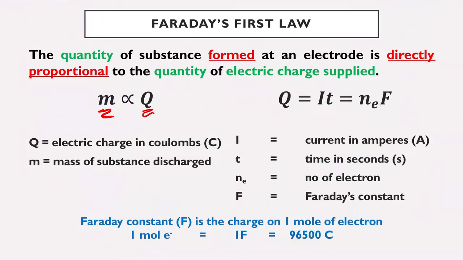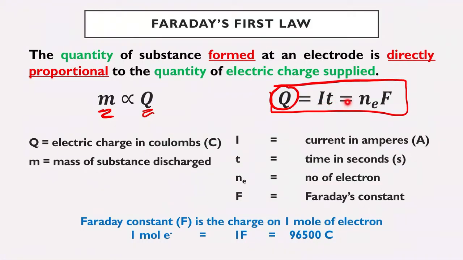This is the key to doing calculations to know how much product is formed. We are going to relate Q, your electric charge. Q is equal to I times T, where I is current in ampere and T is time: how much current is passed through and for how long.